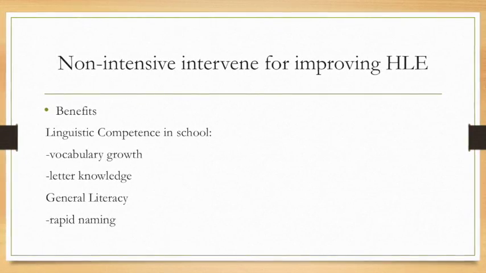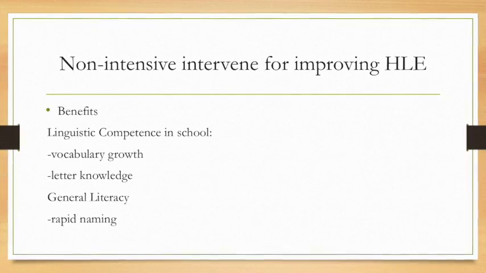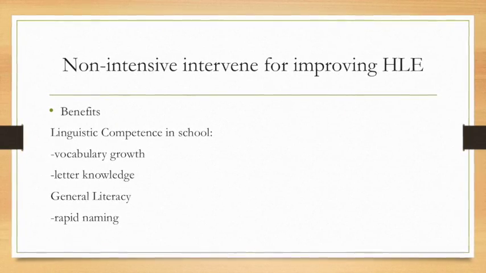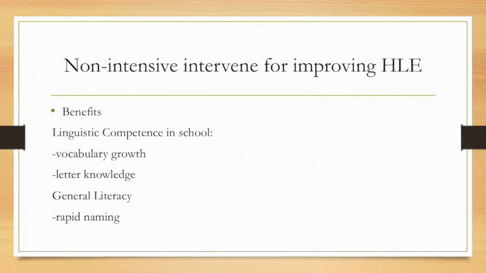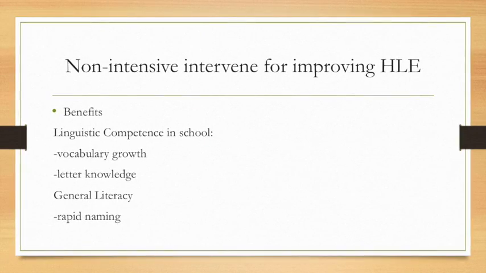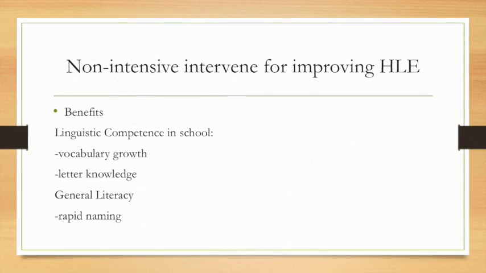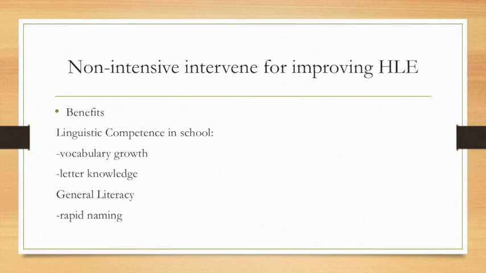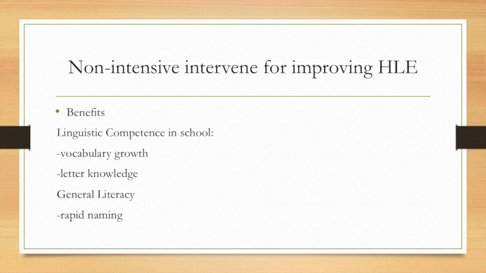However, these conclusions are based on a short period study without follow-up research, so the continuity of non-intensive programs' influence is still unclear. These are meaningful ways the school can adopt to improve HLE for young learners.